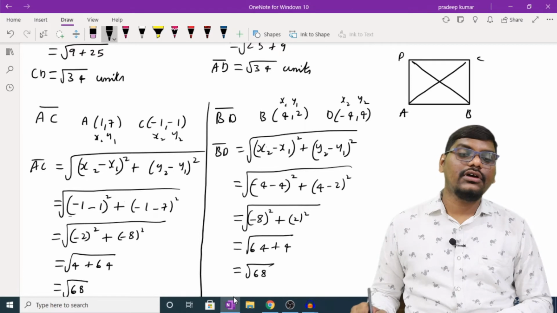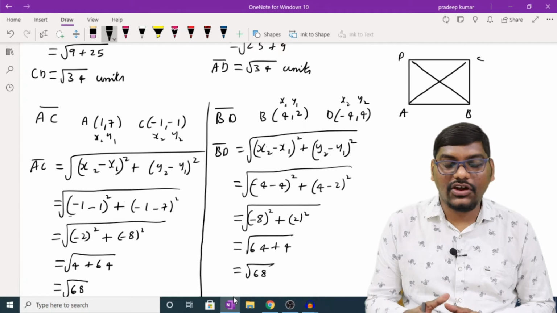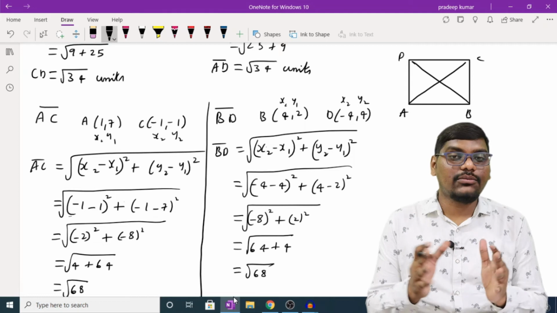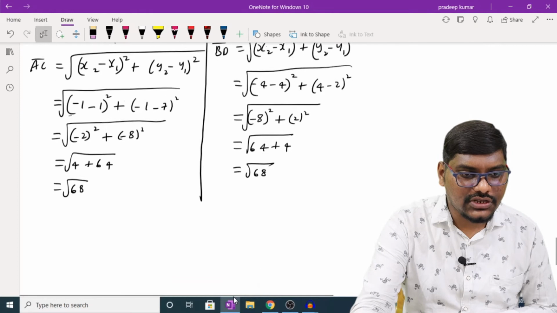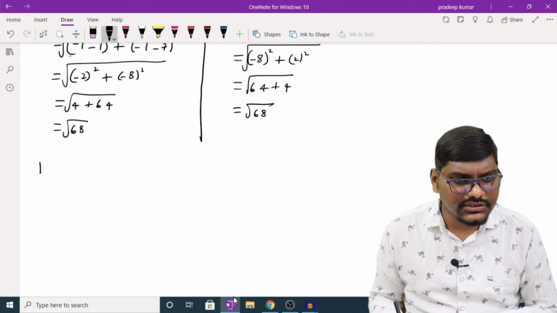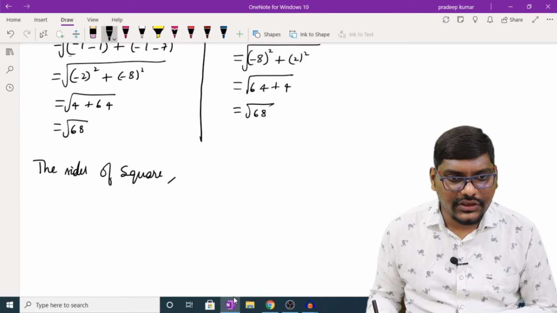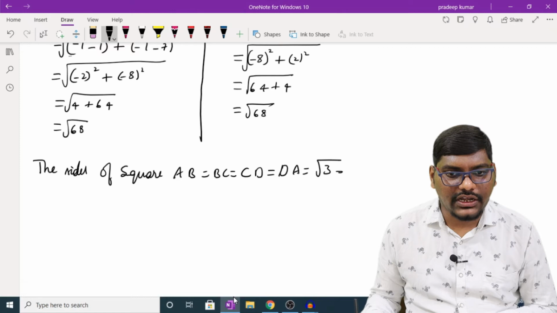You might have observed that for all the sides of the square we got root 34, whereas for the diagonals we got root 68 and root 68. So now we understood that all the sides of the square were equal and both of the diagonals were equal. So we'll write the conclusion here. Therefore, the sides of the square, that is AB equal to BC equal to CD equal to DA, we got root 34.